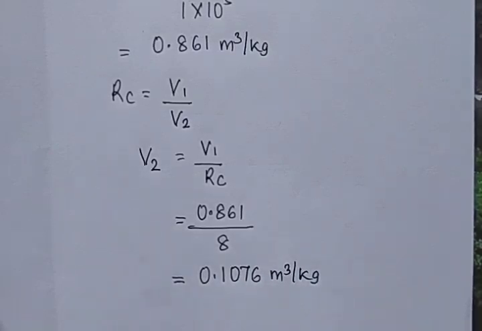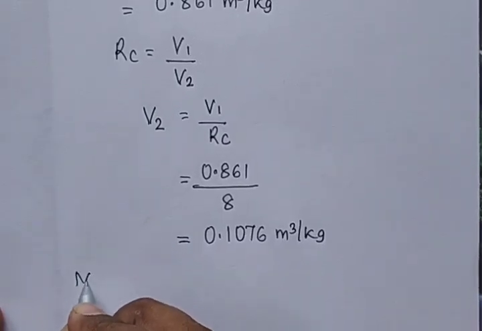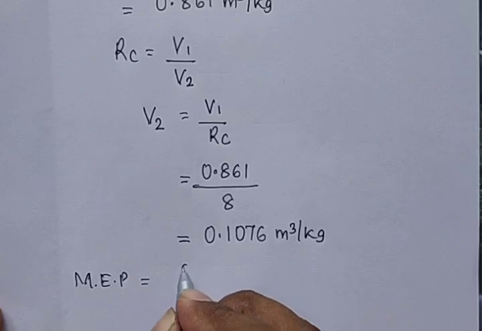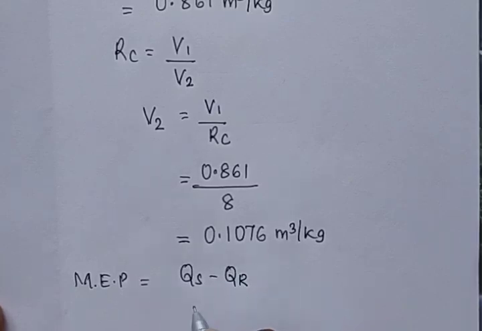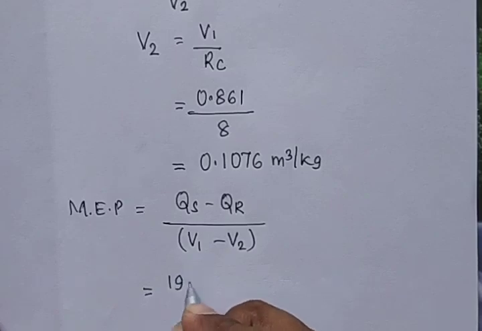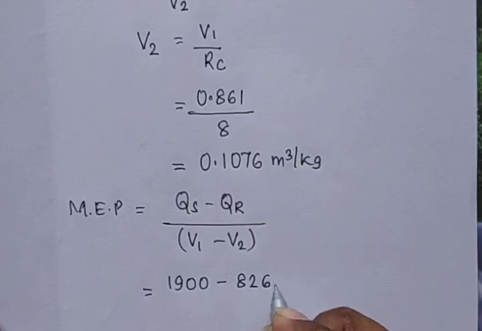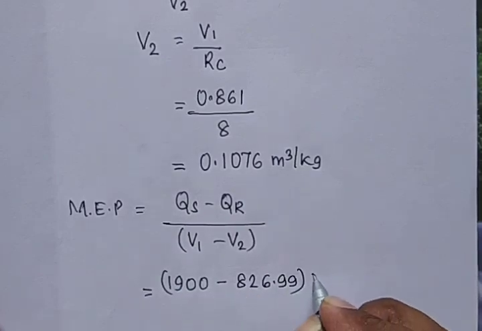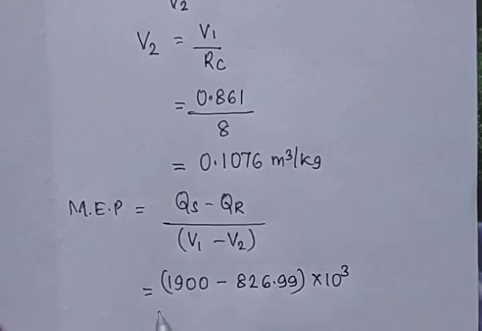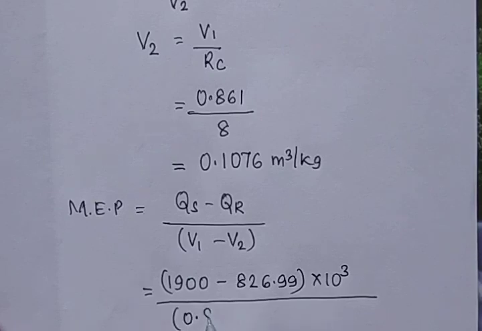Then find out mean effective pressure. So mean effective pressure MEP is given by QS minus QR divided by V1 minus V2. Heat supplied QS is 1900, then QR is 826.99, into 10 to the power 3 to convert kilojoules to joules, divided by V1 minus V2, that is 0.861 minus 0.1076.